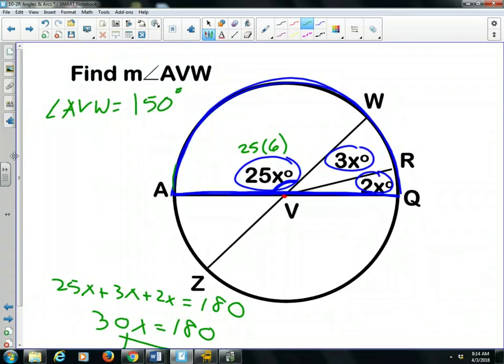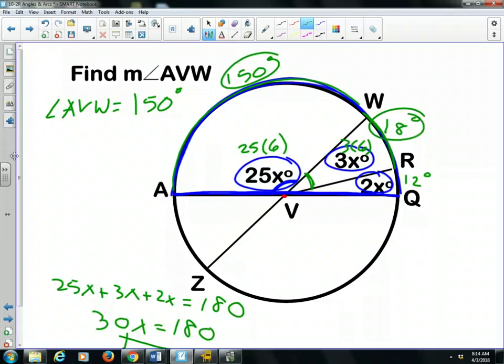And so then also its arc, AW, is also 150 degrees. The measure of WR, or this angle right here, is 3 times 6, which is 18 degrees. 2 times 6 is 12 degrees. If we add up 150 plus 18 plus 12, there we have it, we have 180 degrees. So our answer on this one is 150.